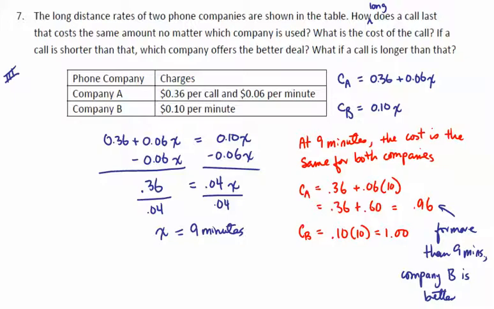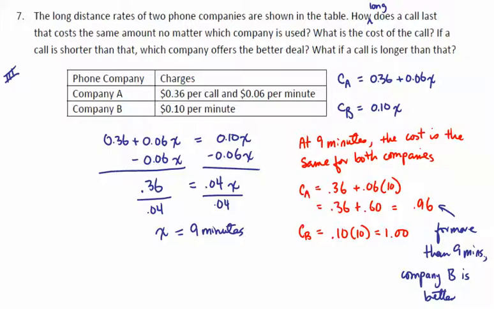And we could do something similar. The second part should ask us if a call is shorter than that, and the third part asks, what if a call is longer than that? So for more than 9 minutes, we've answered that part.